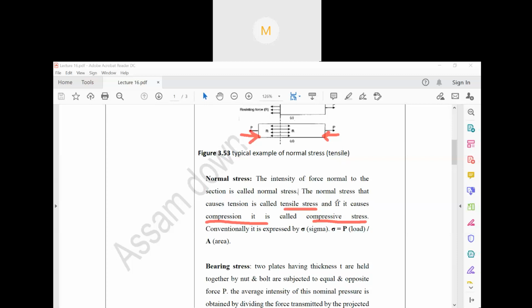You are giving it a push, then eventually its area might reduce. So you are compressing it. This is known as compressive stress. Conventionally it is expressed by sigma equal to force per unit area. So this is how it is being expressed.